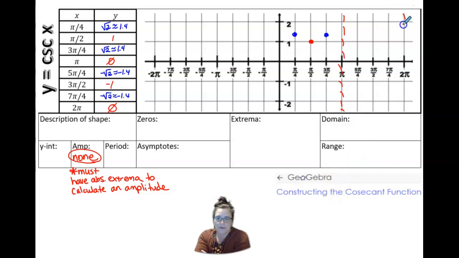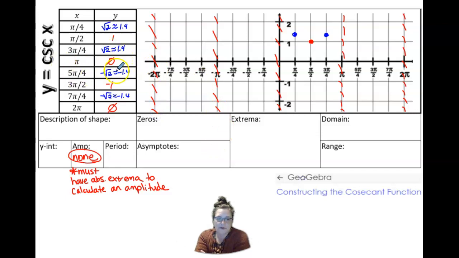And while we're here, we may as well put in our other vertical asymptotes because there's going to be one every pi units on this graph. So at pi and at 2 pi, those are represented in the table. Then here at 0, we're going to have a vertical asymptote at negative pi and at negative 2 pi. These will all be vertical asymptotes.